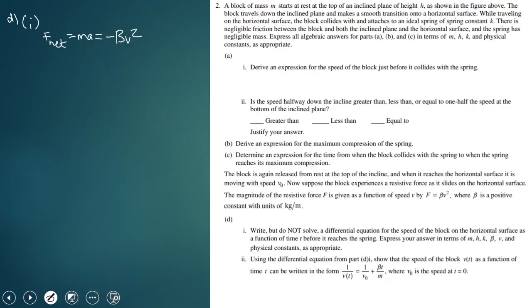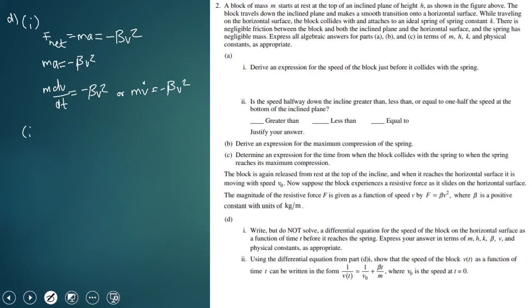And so because we have ma is equal to negative beta v squared, we know that acceleration is dv by dt. So you can write m dv by dt is equal to negative beta v squared, or sometimes we like to write it as m v dot, the dot representing the derivative, is equal to negative beta v squared. So that's our differential equation.